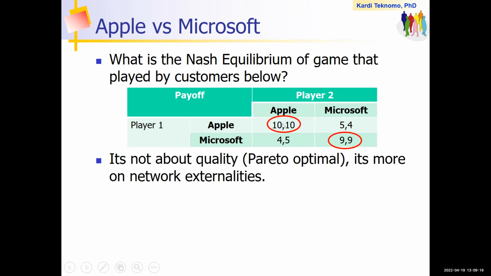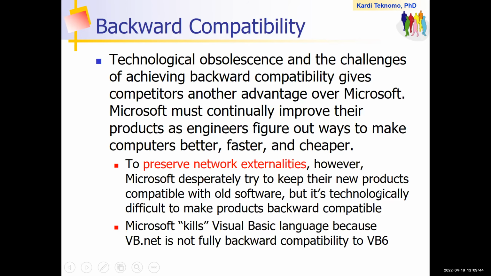So this is probably about quality, but why is Windows dominant over Apple, right? So what happened is not because of quality, but more because of network externalities. Okay? So market dominance is not just about quality. It's more about network externalities.